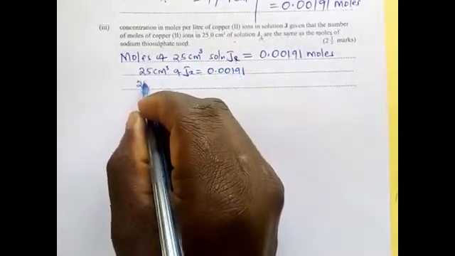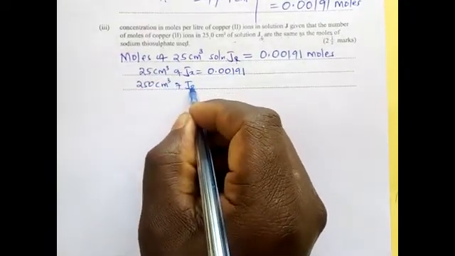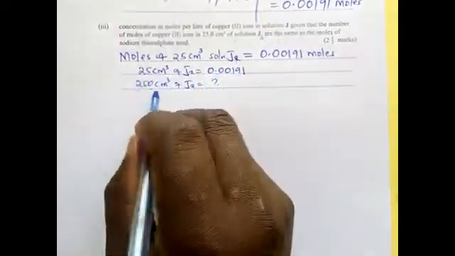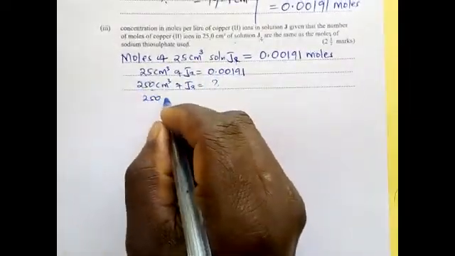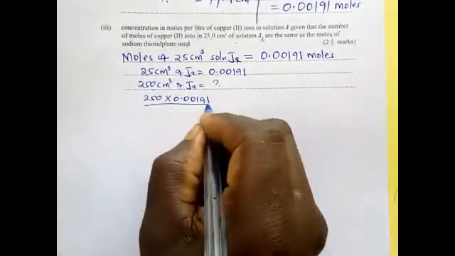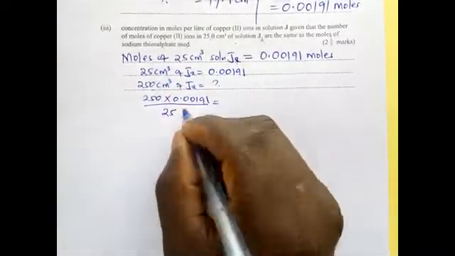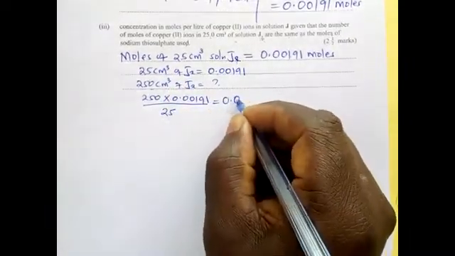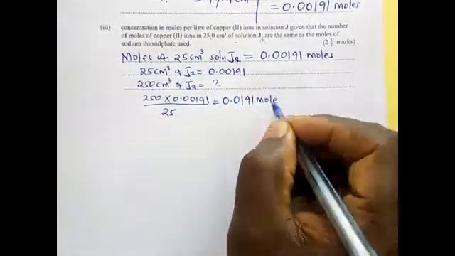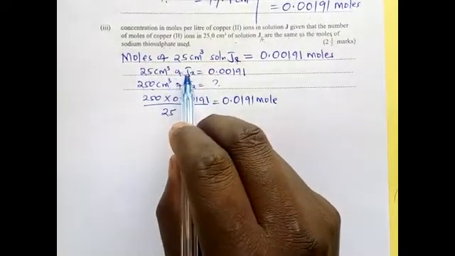Then we ask, 250 centimeters cube of solution J2 will be equal to what moles? We multiply this times it divided by this. So that is 250 times 0.00191 divided by 25. This will give us 0.0191 moles. Now we have the number of moles in 250 of solution J2.